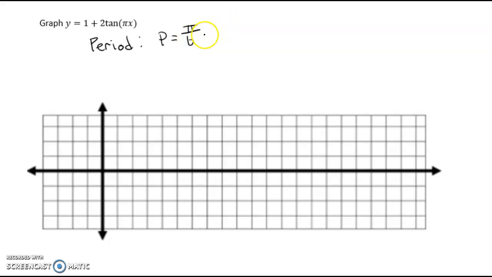So in this case, b is still the number in front of x, so it's pi. So the period is pi over pi, or just 1. So I have a period of 1. My amplitude is none, but I do have a vertical stretch of 2.